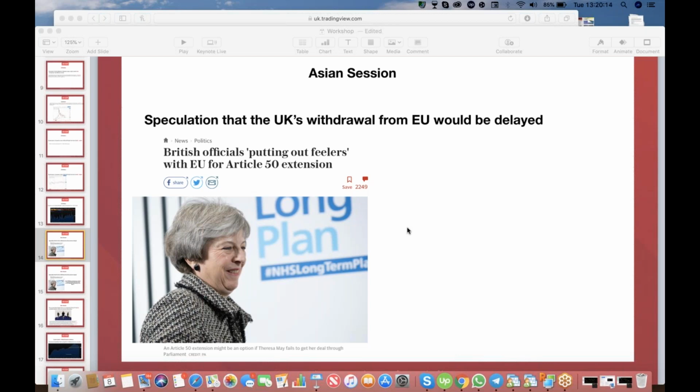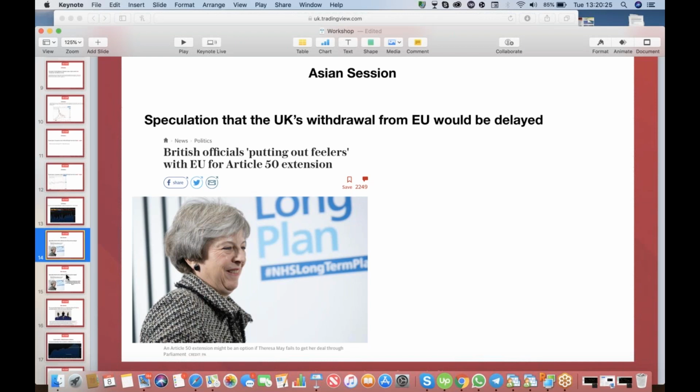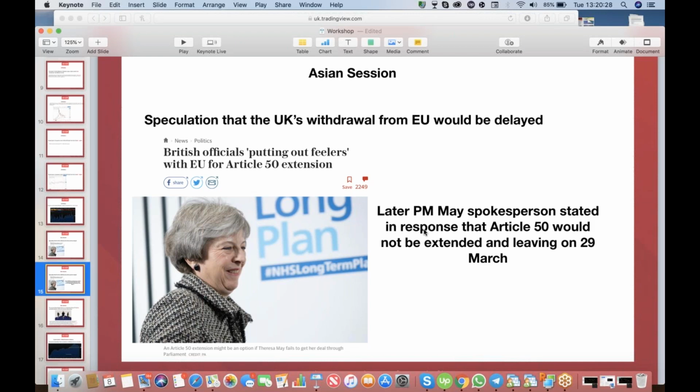At the moment, Parliament looked like rejecting her deal again. So the speculation was that maybe she'll look to extend the negotiation. However, it wasn't much longer, just a few hours later, that a spokesman for the Prime Minister came out saying that Article 50 would not be extended and Britain is leaving the European Union on the 29th of March 2019, this year.